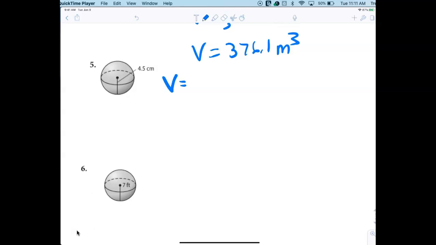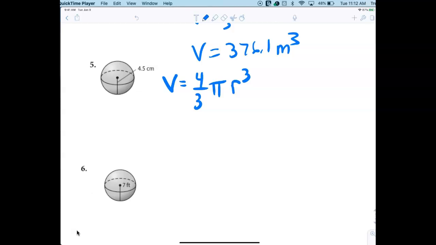And that volume is 4/3 pi r cubed. That is the formula for volume of a sphere. You just have to memorize that. I don't really like to tell you to memorize a whole bunch of stuff, but that's something you have to memorize.